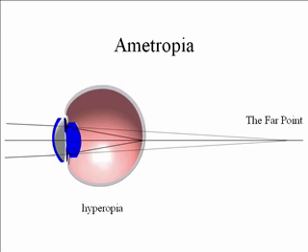So they must enter the eye with already a plus vergence. And if we extrapolate these rays backwards, we can see that they do converge to a point, and we're going to call this the far point, even though this point is in back of the patient's eye.